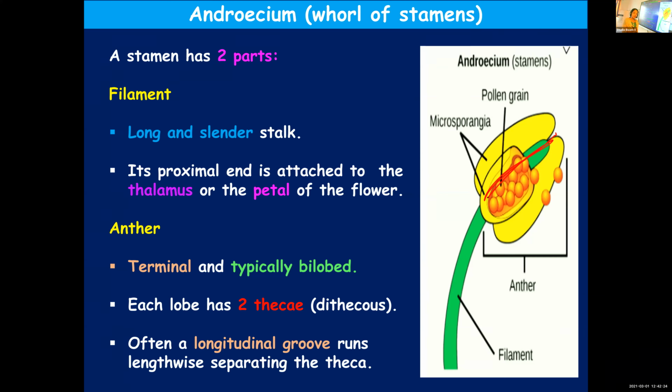Inside each lobe, there'll be two compartments or chambers. Since it has two theca in each lobe, that condition is known as dithecous. And a longitudinal groove runs lengthwise, separating these different chambers or theca.